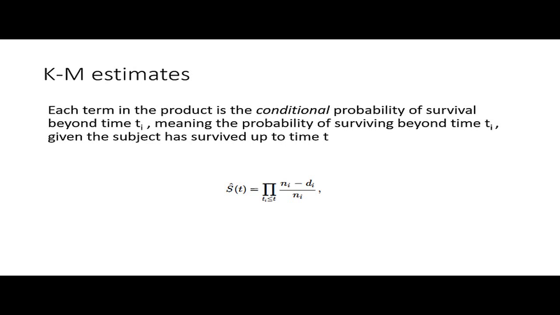In the last example, we just saw only up to time two. We can use the same formula for time 3, time 4, time 5, anything up to time n. Just to generalize it, your survival estimate is the product of (ni minus di) by ni, where ni is the total number of population entering at time t, and di is the number of people dying, or number of events happening.